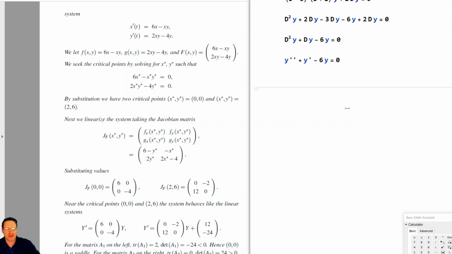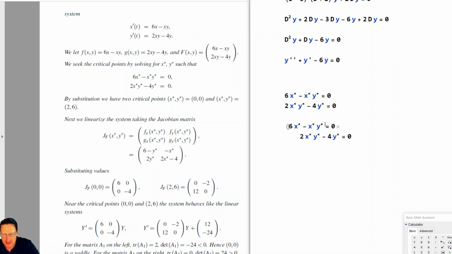Okay, so let's go through this. We have 6x star minus x star y star equals 0. Okay, so that's our first one. The second one is 2x star y star minus 4y star equals 0. Okay, now let's factorize these.